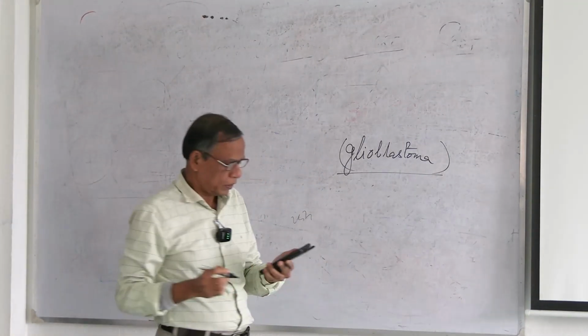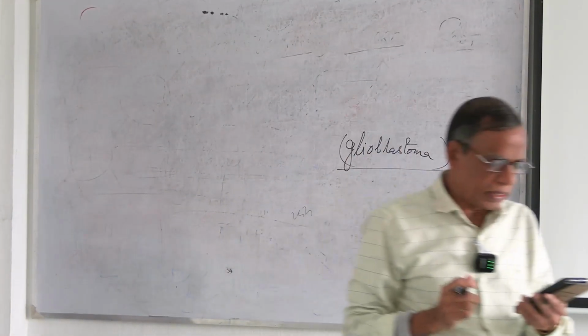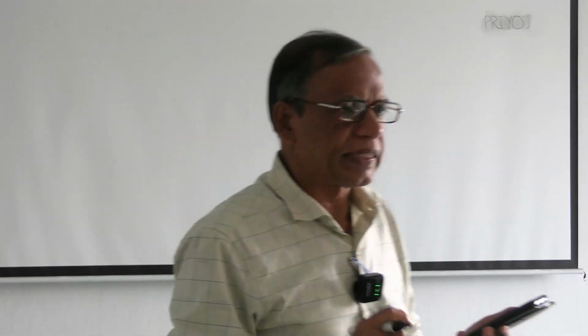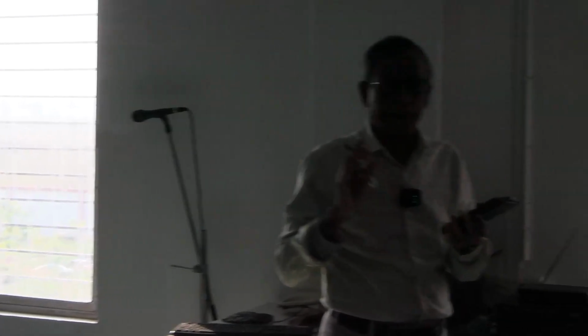Clear? Now you write: the incidence of brain tumor, bracket A, glioblastoma, is approximately 2 per 1 lakh people per year.